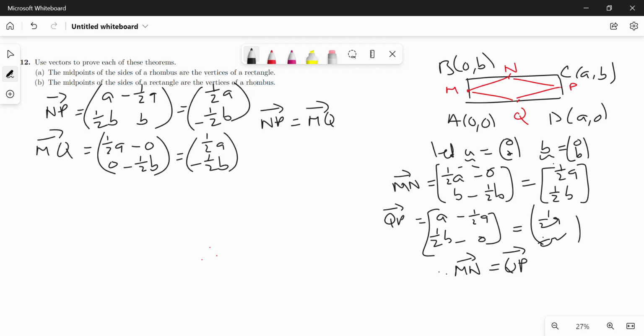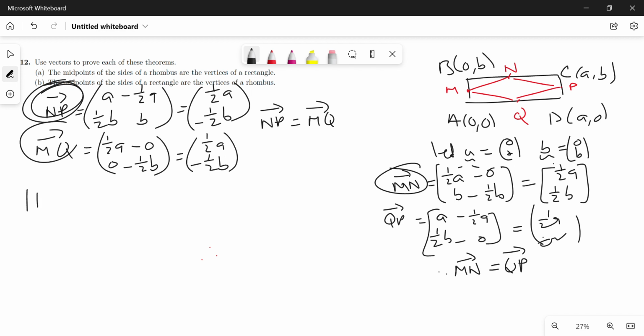So that's all great. That would be a parallelogram, but we want a rhombus, so we have to show that the sides are equal. We have to look at one of these, so let's say NP, and one of these. Let's take that and make sure those sides are equal. If that's equal, then of course the other two are equal as well.